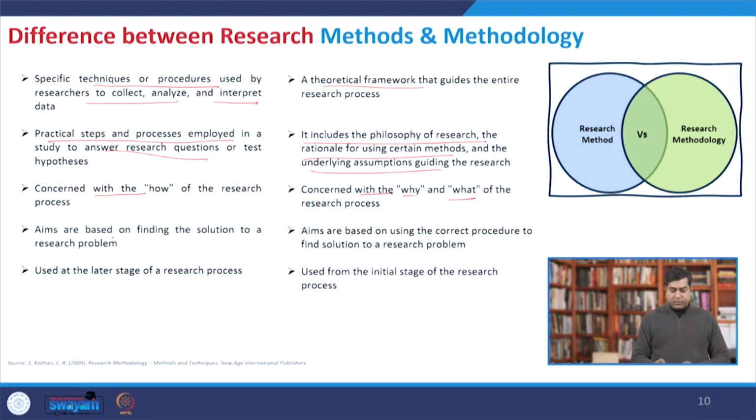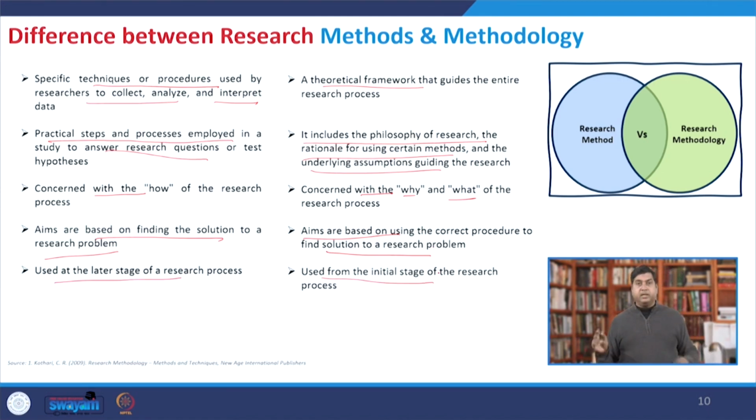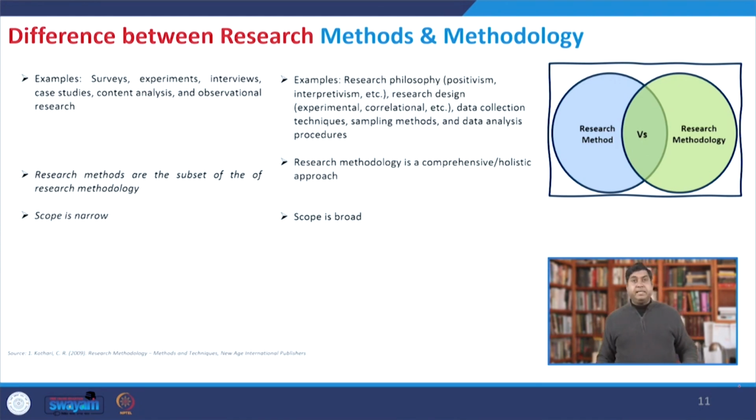The method aims at finding a solution to a research problem, whereas research methodology aims at using the correct procedure to find a solution to a research problem. The method comes at a later stage of the research process, whereas methodology is required at the beginning so that you will be on track.